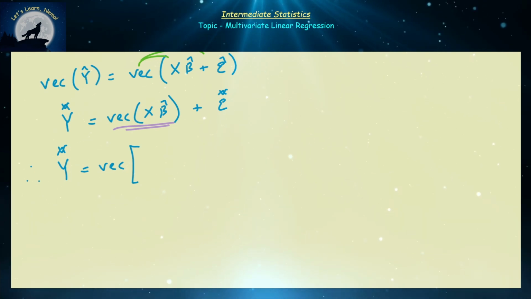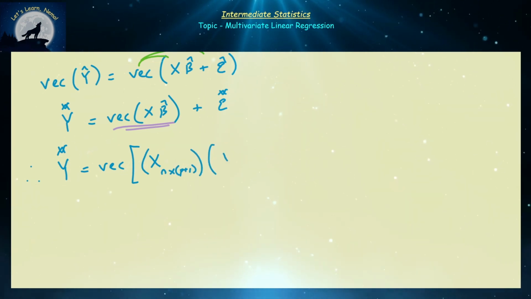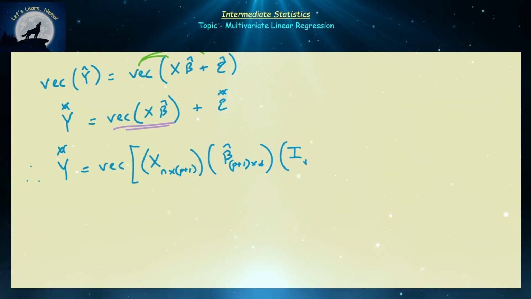Let's make sure that the dimensions all match up. We have an x, which is an n by p plus 1 matrix. That's going to be multiplied by a beta hat, which is a p plus 1 by d matrix. So if I multiply that by an identity matrix, it needs to be a d by d identity matrix.